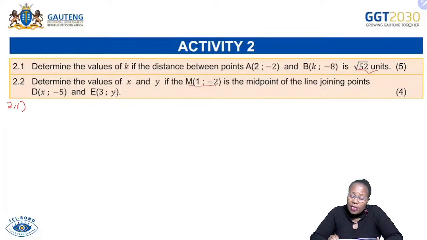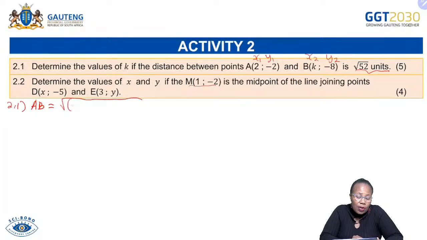We are given the distance similar to the previous activity, and this will be your x1 and y1, the x2 and y2 there. And then now we have distance AB for 2.1, which is the square root of what, grade 12? The x2 minus x1 squared plus y2 minus y1 squared. And then what is AB?